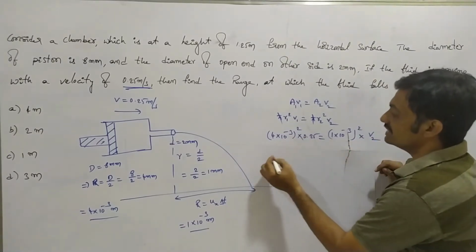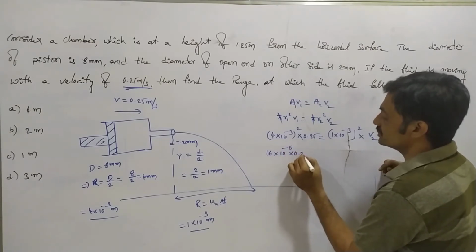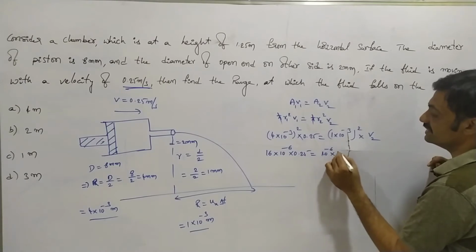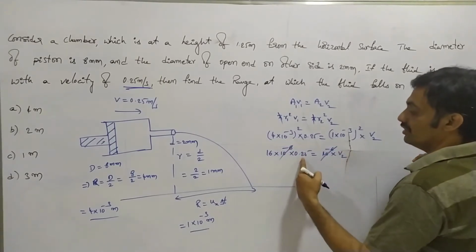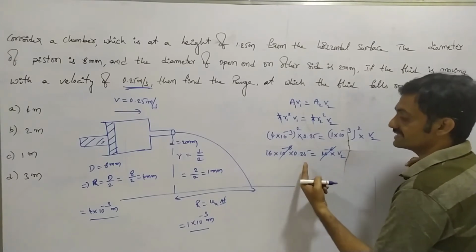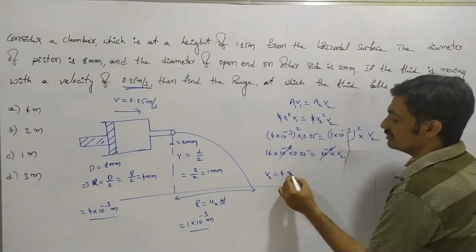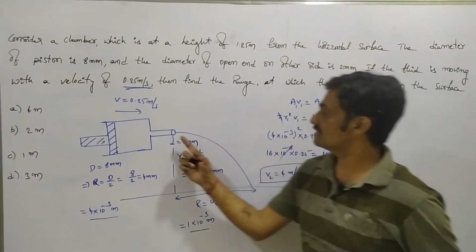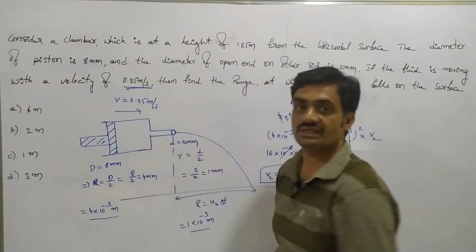So 4 square is 16 into 10 to the power of minus 6 into 0.25 equals 10 to the power of minus 6 into v2. Observe that 10 to the power of minus 6 gets cancelled. 0.25 into 16, so here we get v2 equals 4 meter per second. This represents the velocity of the fluid with which it is flowing from this cross section.